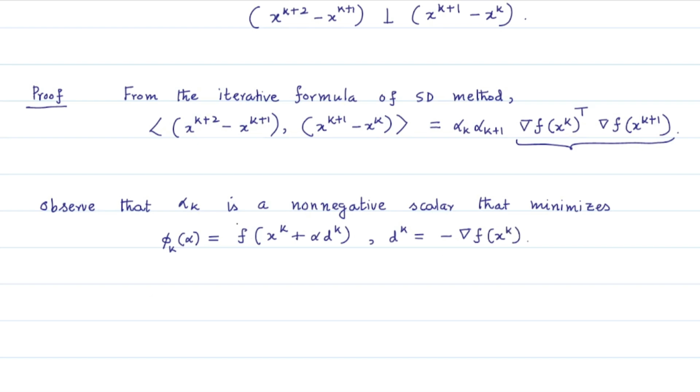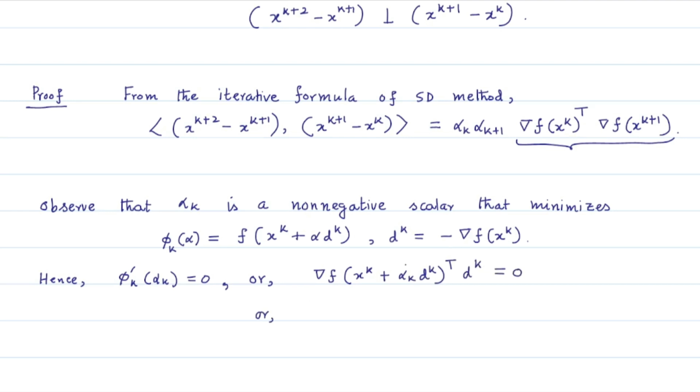As the function f is continuously differentiable, the function phi k is also continuously differentiable, and hence once this alpha k is a minimizing point of the function phi k, we must have phi dash k at alpha k equal to 0, which gives us, by the chain rule, gradient of f at xk plus alpha k dk transpose dk is equal to 0.